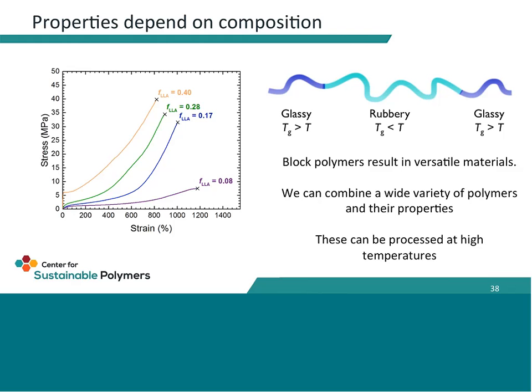And because they are not chemically cross-linked, they're only physically cross-linked, if you bring it above the melting or glass transition of the highest thermal transition that exists in the polymer system, you can process and remold these materials.